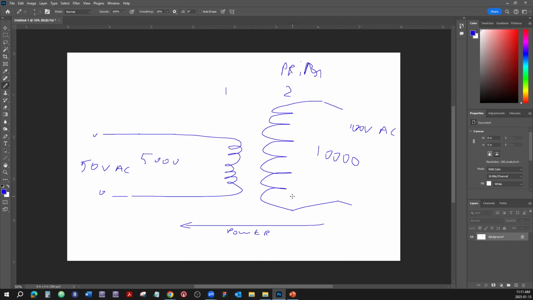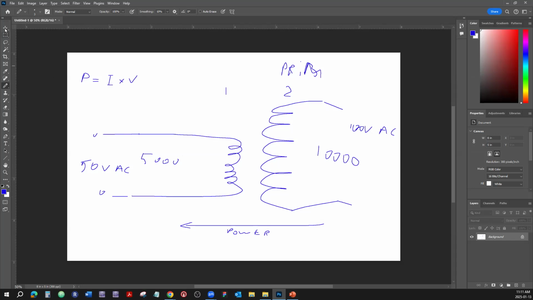Now, what's the formula for the power? Power, if it comes to RMS, equals current times voltage. Just look, over here we have the ratio of the windings.